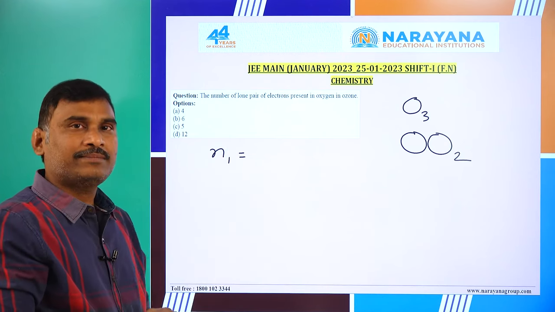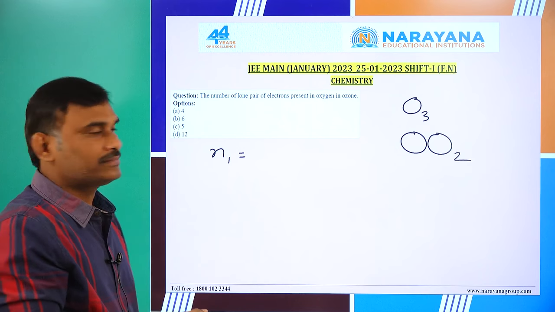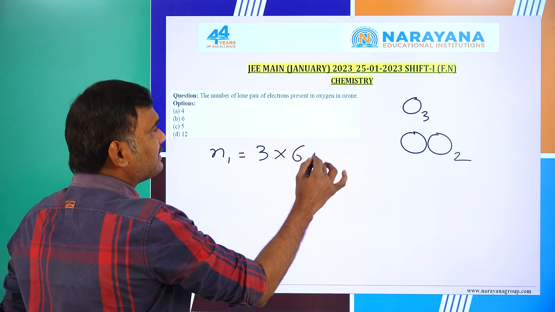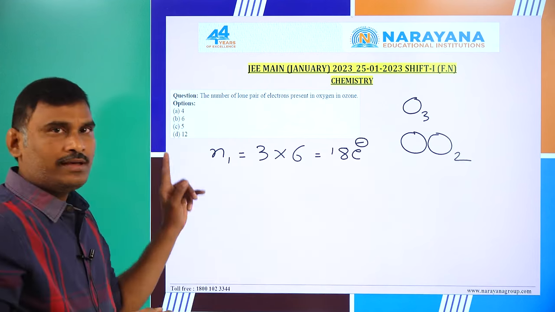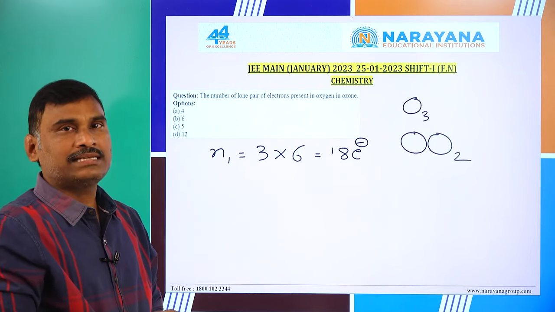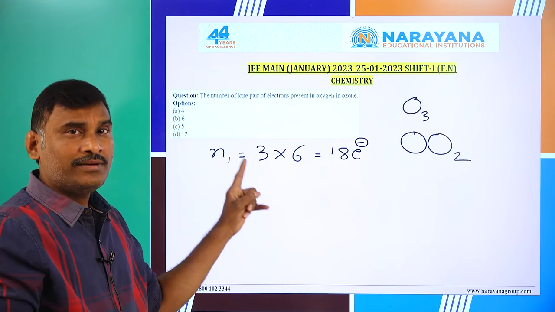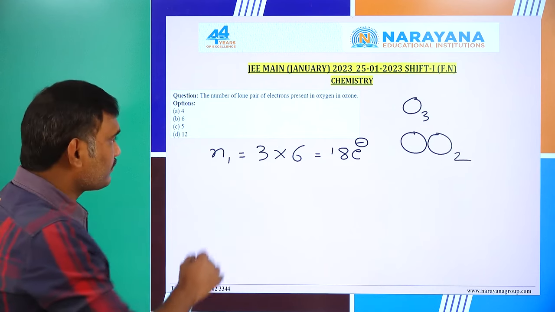Generally N1 is the number of valence electrons in the given atoms. Oxygens are 3, each has 6 valence electrons, so the total number of valence electrons is 18. So N1 is the sum of all the valence electrons in the given species.